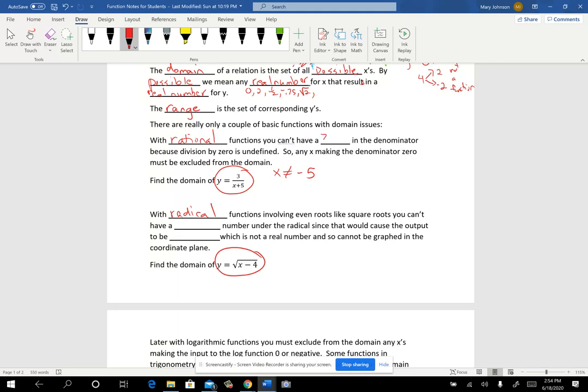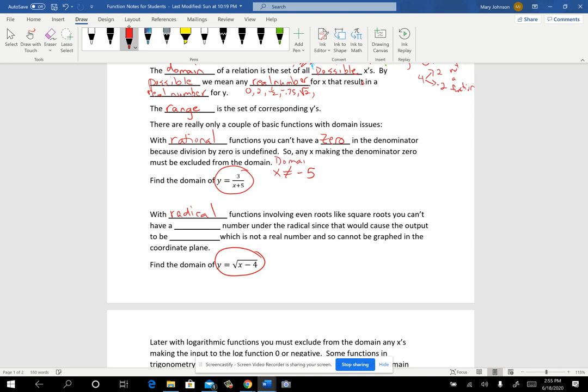And you can't have a 0 in the denominator because division by 0 is undefined. So with rational functions, the domain is found by looking for what makes the denominator 0 and then excluding those values. So here's the domain.